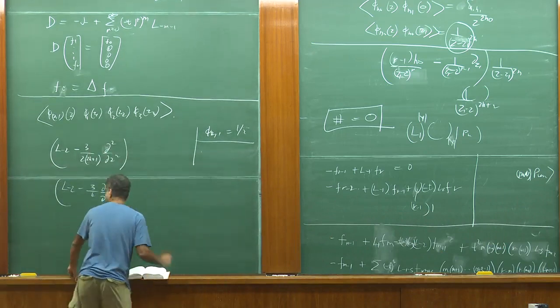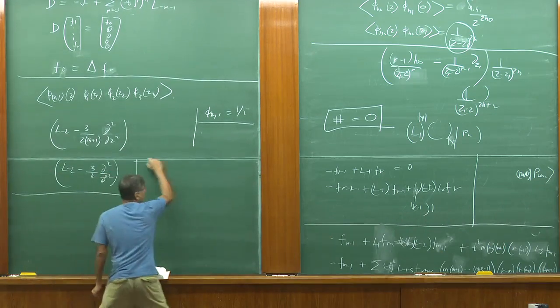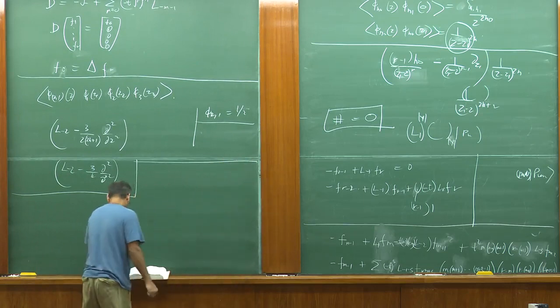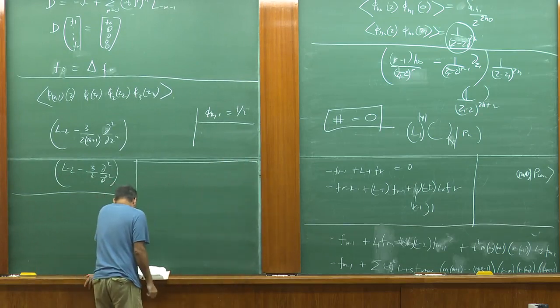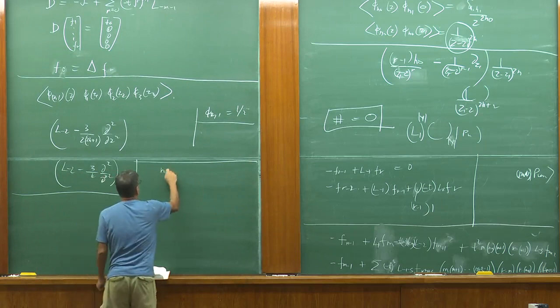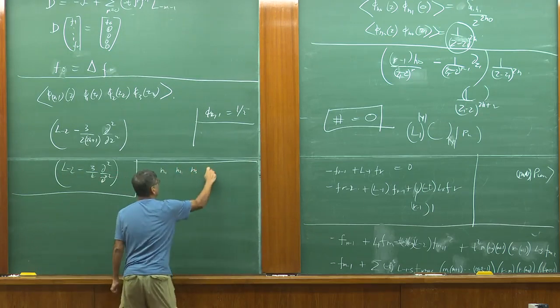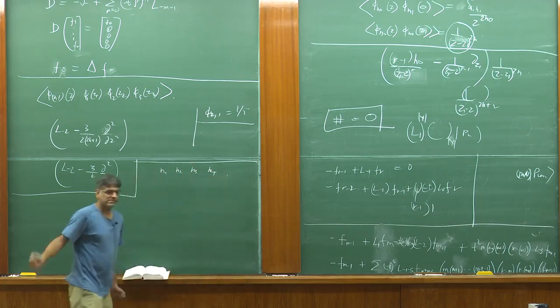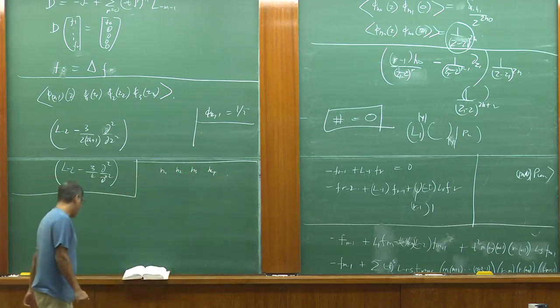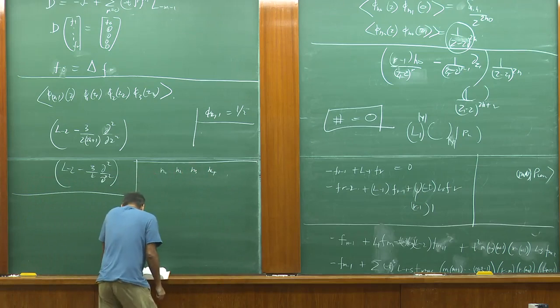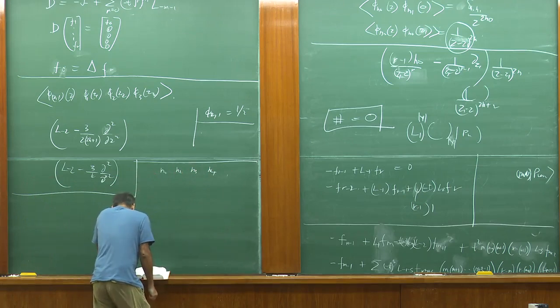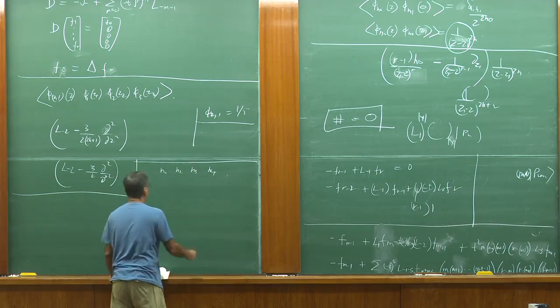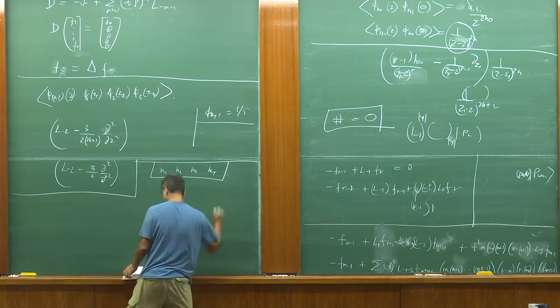Suppose I take a 4-point function of 4 operators whose dimensions are h1, h2, h3, and h4. Then this 4-point function must take the following form.